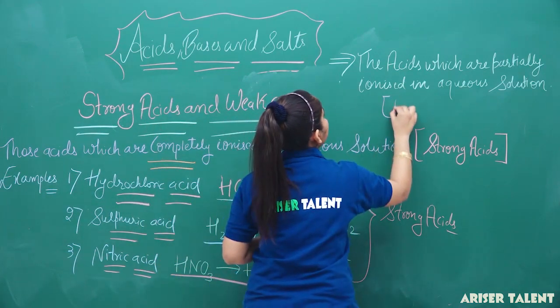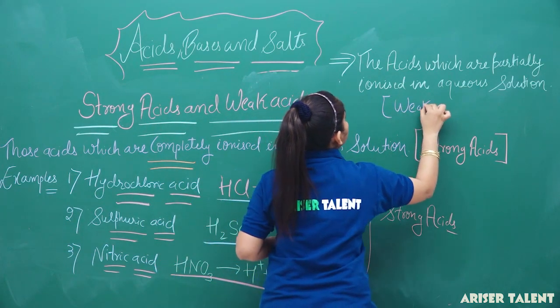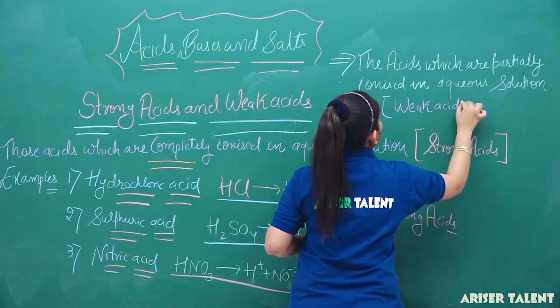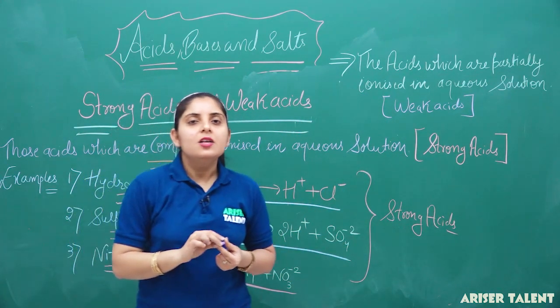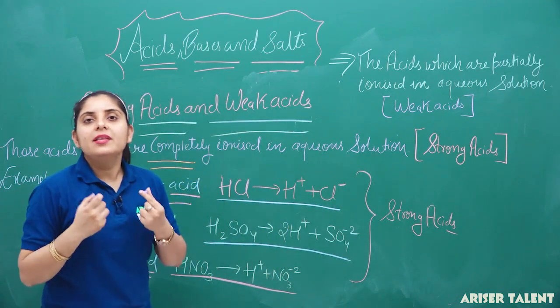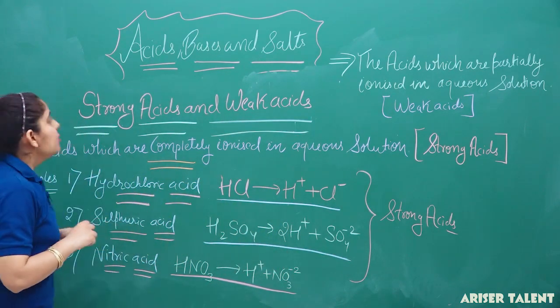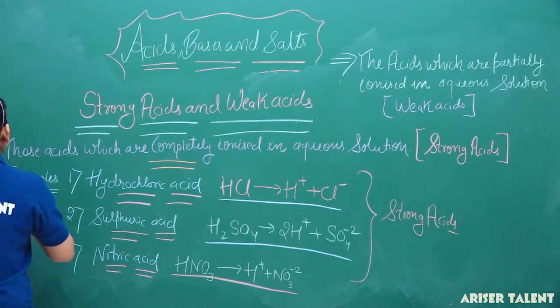So these will be counted in the category of weak acids. We have more examples in the category of the weak acid. I am considering the example of a weak acid, acetic acid.